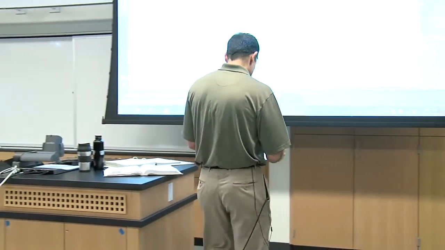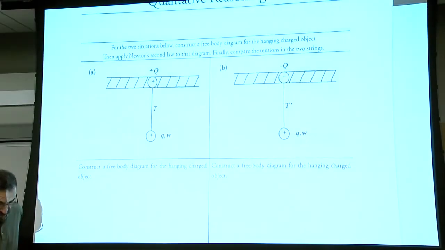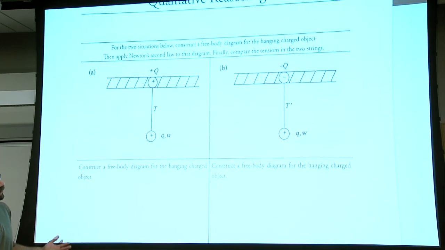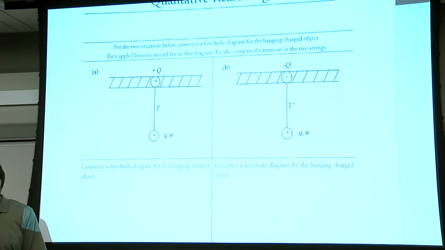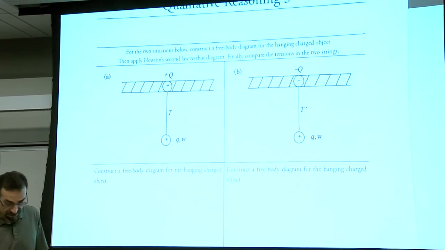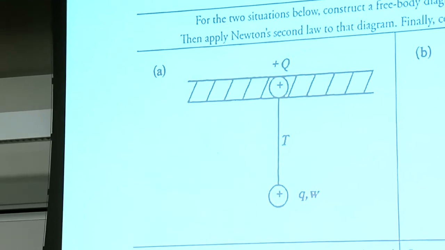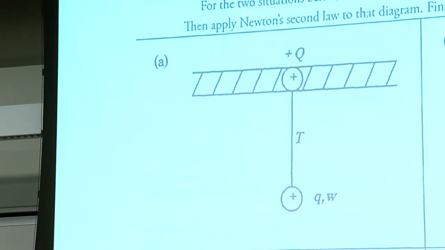So on page 11 here, there's my hanging charge. We're just interested in the one that's hanging there. What's something that might be acting on that? The weight. Down, right?